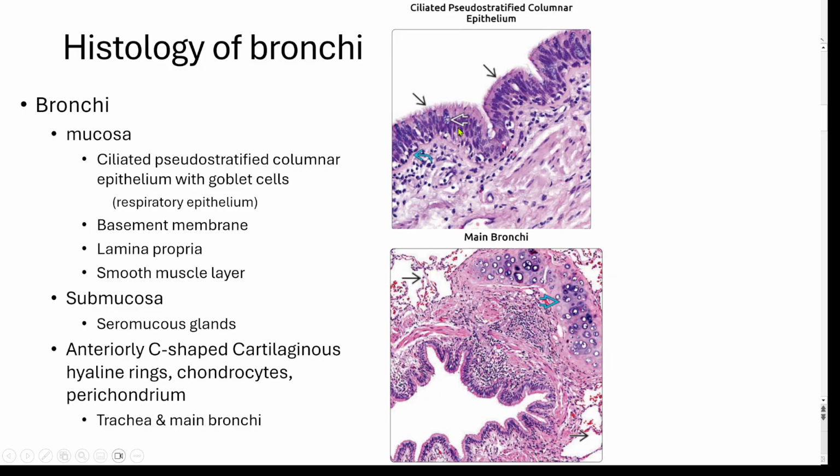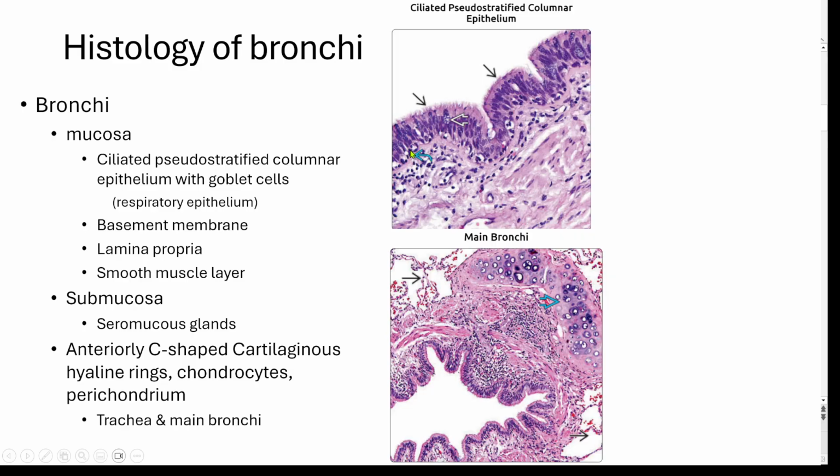Pseudostratified is because the cells have a projection up there, but they interlock with the other cells, looking like a stratified epithelium, but it's not stratified in real terms. Columnar, because they look like rectangles, or in 3D, columns, with goblet cells, as you can see here.